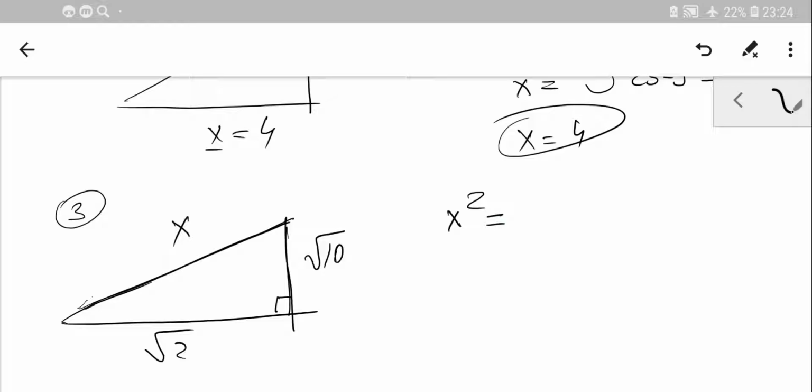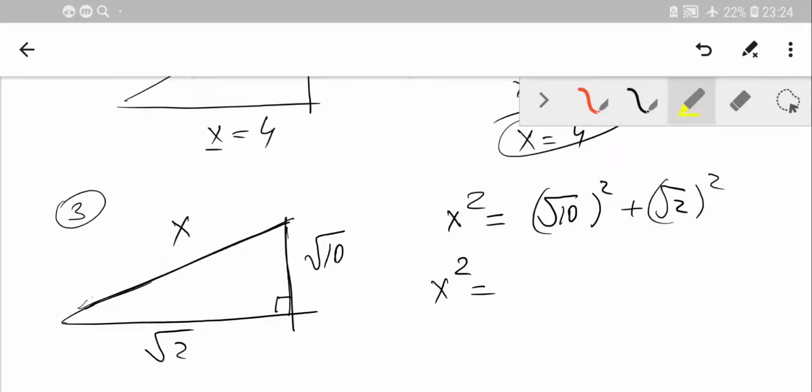So what do you need to write? You need to write Pythagoras. How do we actually raise the square root to the power of 2? What we need to do? Simply, there are two ways. You can memorize that it's always the under root expression. So in this case it's 10, in this case it's 2. So you just simply get rid of square roots. Okay, and the result is 12.